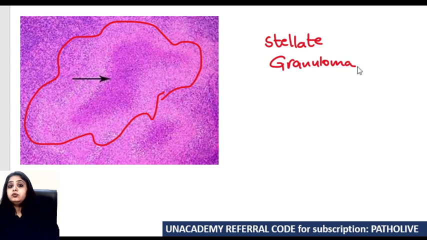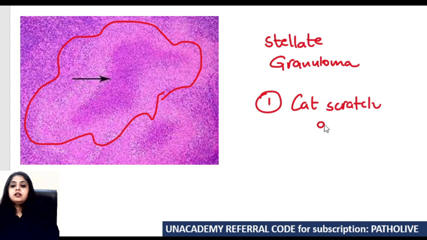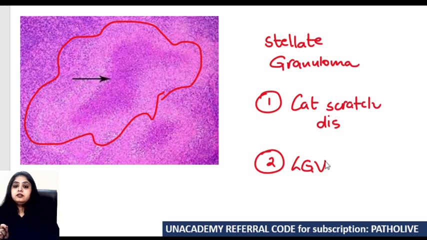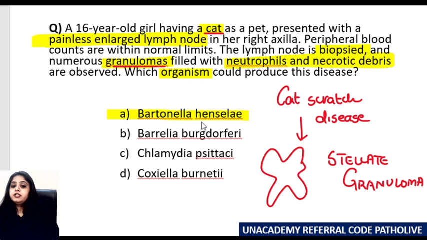Well, the answer is no. Stellate granuloma is definitely seen in cat scratch disease, but it is also seen in another disorder, lymphogranuloma venereum, the chlamydial one, which can also cause a similar stellate granuloma. But cat scratch disease, which was the concern over here, definitely causes it, and it is caused by Bartonella henselae.